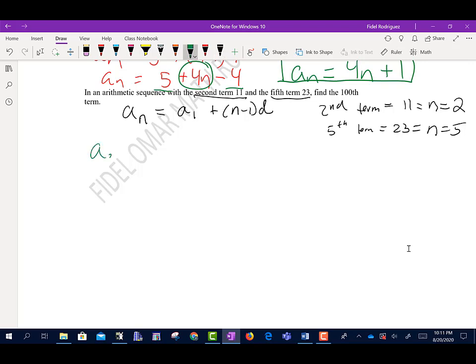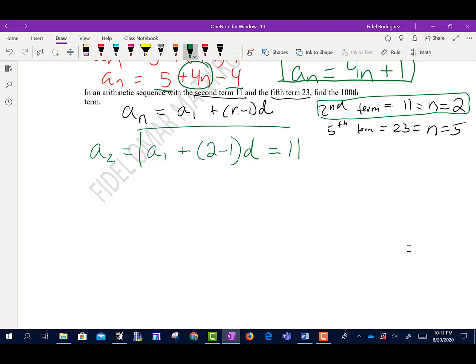Let's say a2 is going to be a1, because I still don't know what this a1 is, so I'm going to leave that alone. Since we're talking about the second term, the number n is 2, so right here I'm going to put 2 minus 1, times d. I still don't know what the letter d is. But I know that the second term is also equal to the number 11.